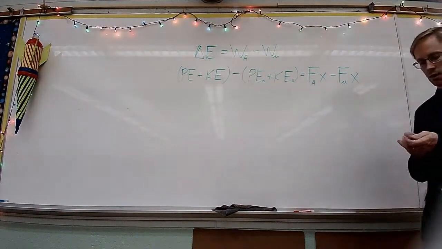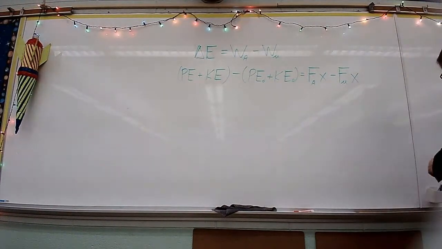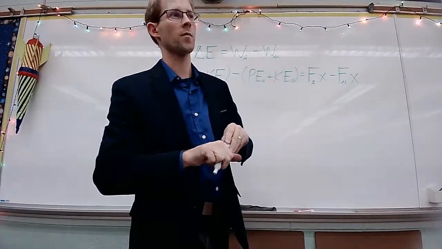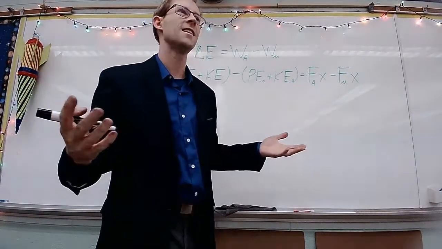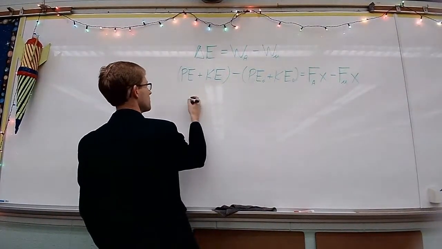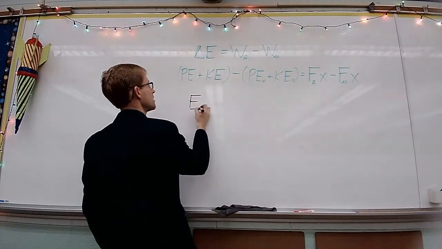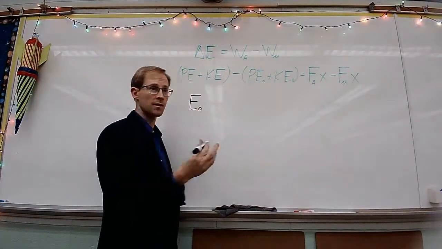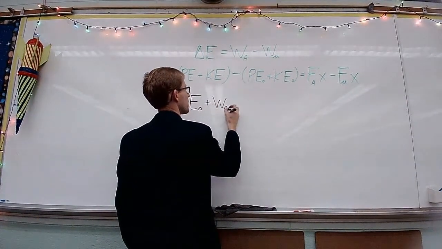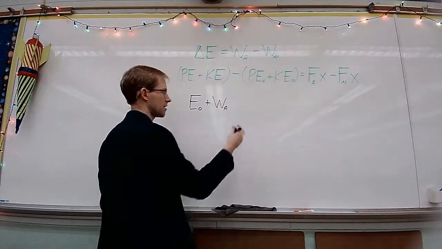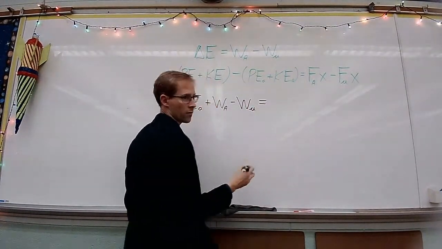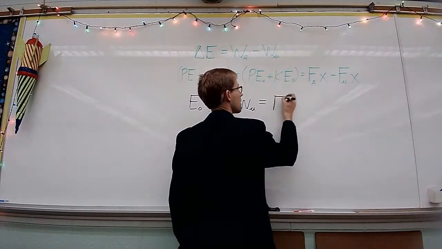The other way of writing this, and the way that I probably prefer, because it kind of tells a story, is simply this. You start with a certain amount of energy. Maybe you add some energy to that system due to an applied force, and then maybe you take some energy out because of friction, and whatever you're left with is your final energy.